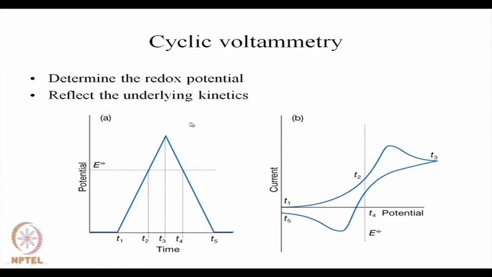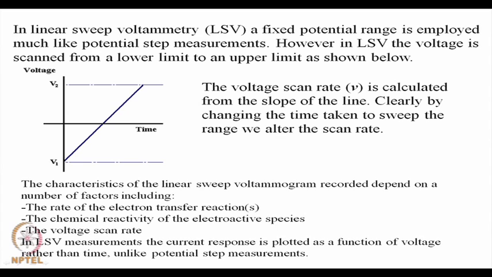What you do is change the scan rate, which has some dependence on time, but you plot the current response as a function of the voltage. So voltage changes and then you record the current response. In linear sweep voltammetry you do that.